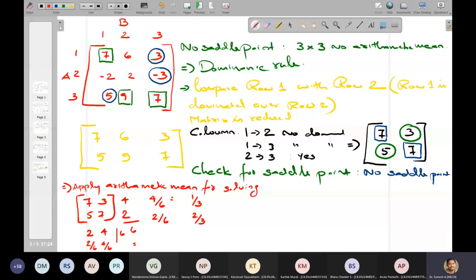And the value of the game equals 7 into 1 by 3 plus 5 into 2 by 3. That is 17 by 3.